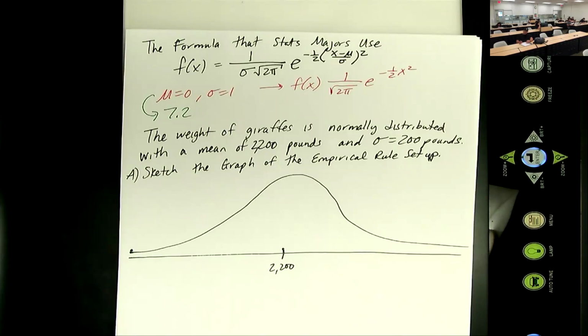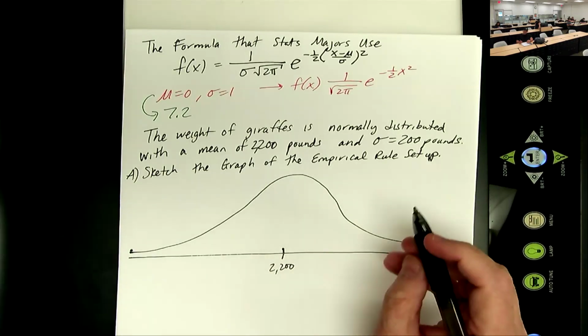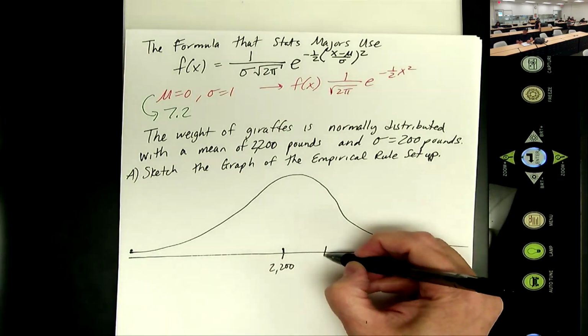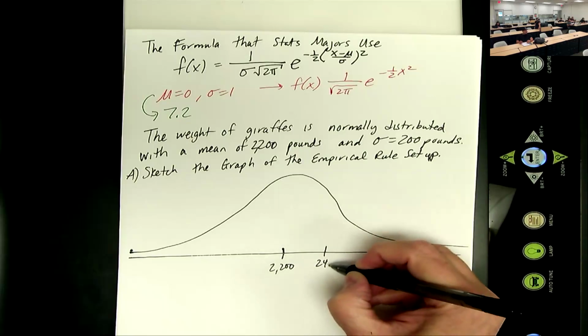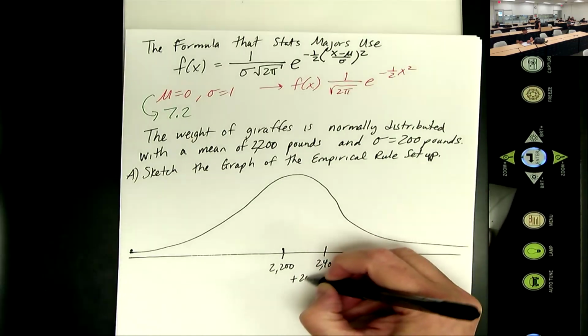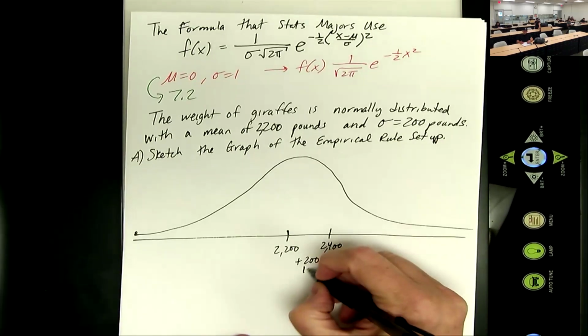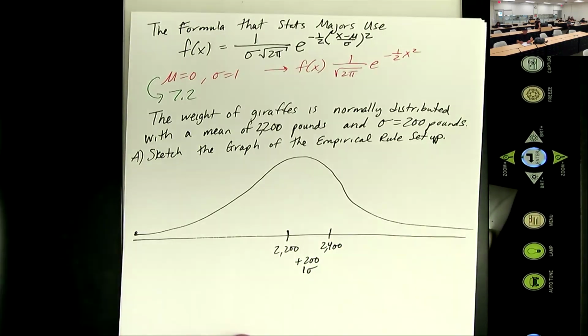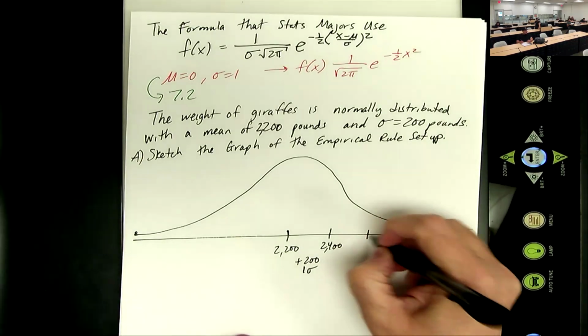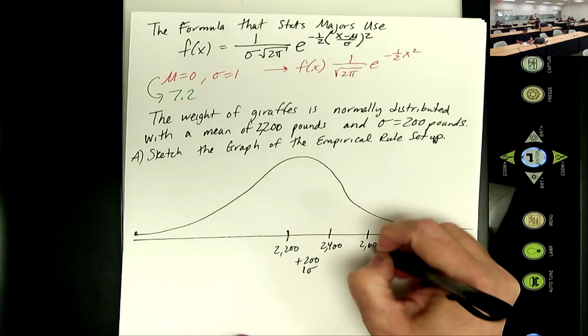Now what should I do? I wish that looked a little bit more like the middle. So 2400 would be this one, that's plus 200 pounds or 1 deviation. And Alfredo's on the right track, we're gonna keep doing that.